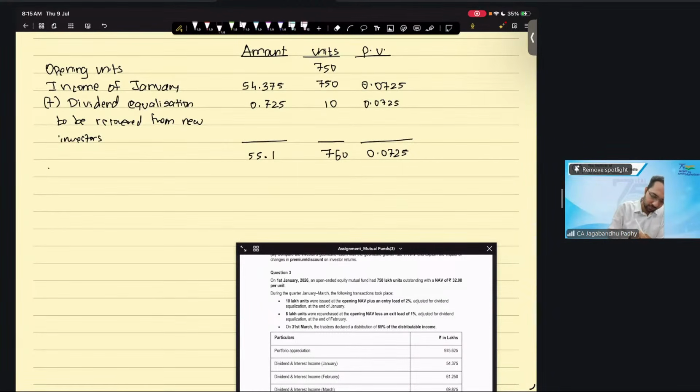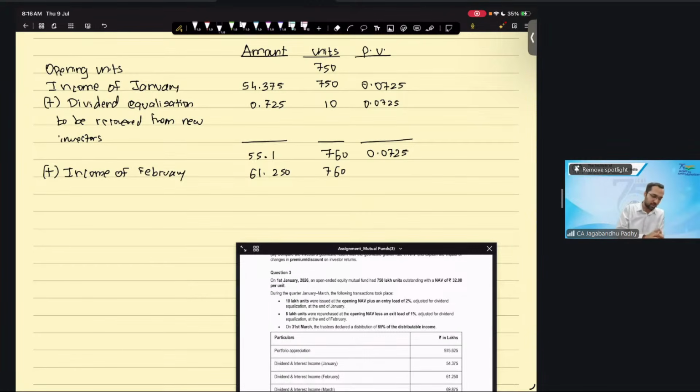Then to that, we are going to add now income of February. Income of February is 61.250. Now this 61.250 belongs to how many unit holders? 760 exactly.